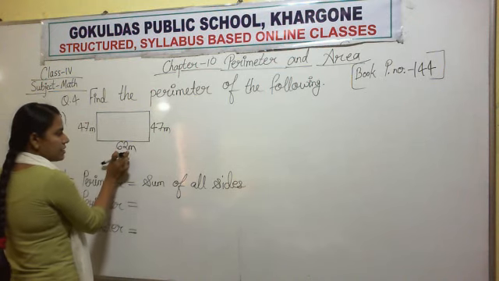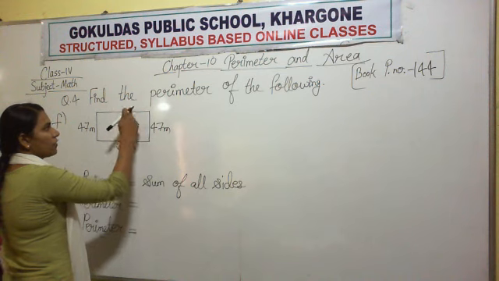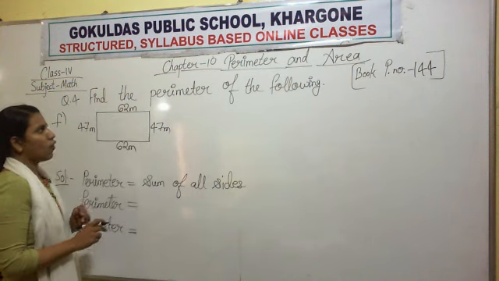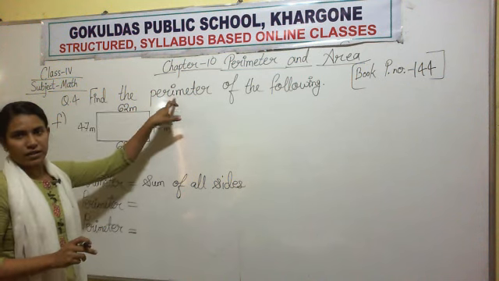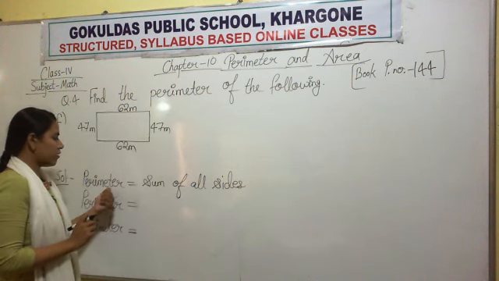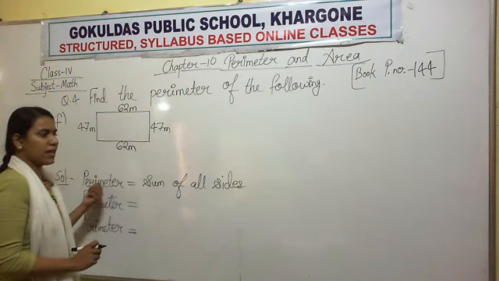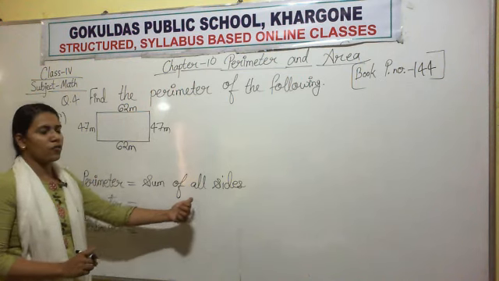If this side is 62 meter, the opposite will also be 62 meter. Now our task is to find the perimeter. So we will write the formula: perimeter is equal to the sum of all sides.